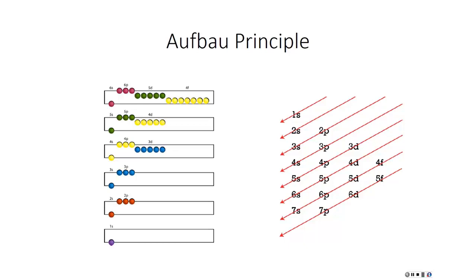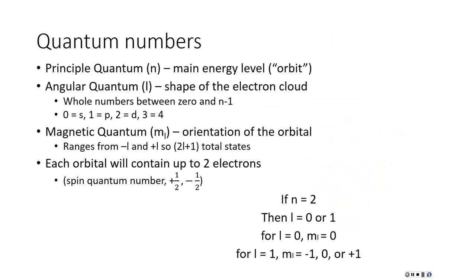I'll explain and you can decide if you want to remember it or not. The real reason why has to do with this here. When you march through each possibility, if your principal quantum number is 1, then your angular is just 0.